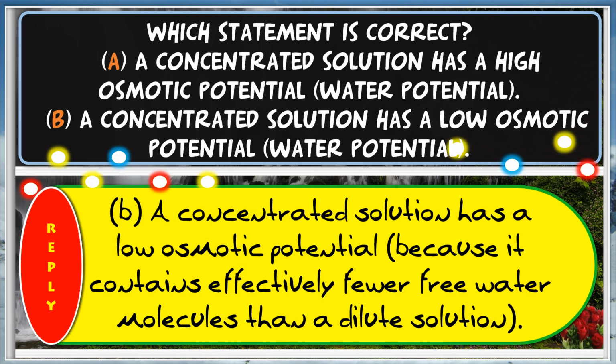B. A concentrated solution has low osmotic potential because it contains effectively fewer free water molecules than a dilute solution.